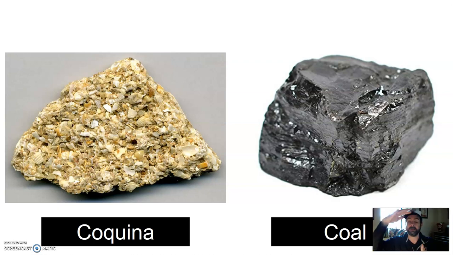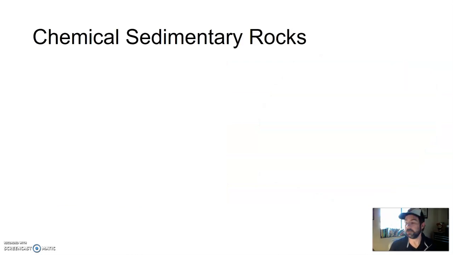It piles up, and the overlying pressure of the additional material on top compacts the material together, cements it together, and you get coal. The reason coal burns is because it's organic. Just like when you throw wood on a fire. It's living material, like wood. So those are just some examples of biogenic sedimentary rocks.